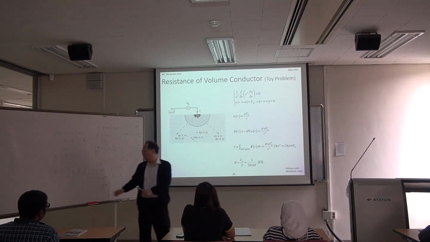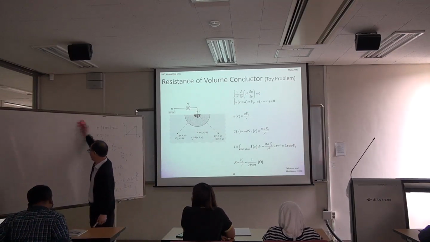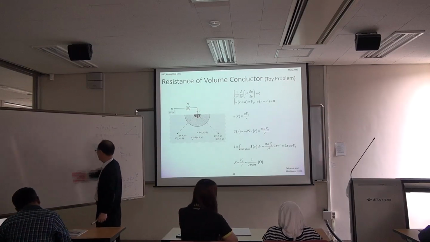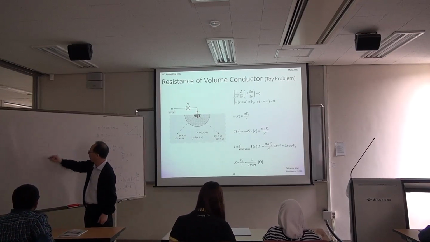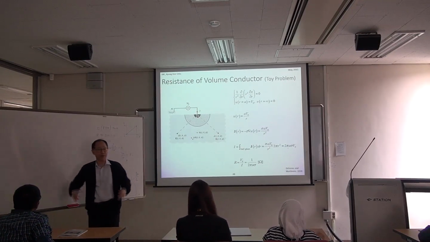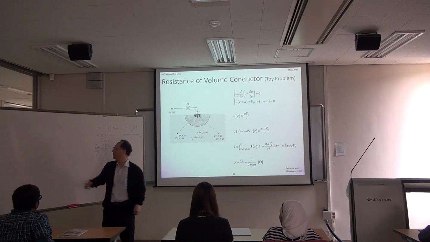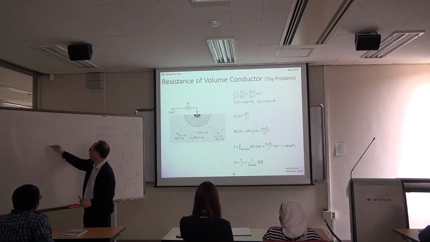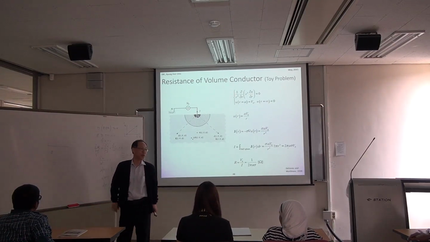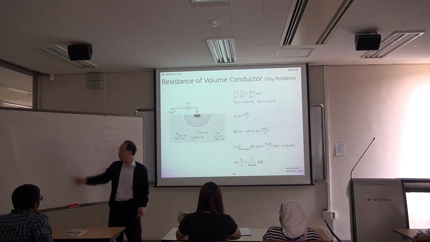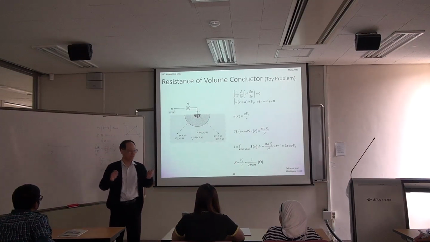This will give you one idea about how to make a conductivity meter. So you prepare a cylindrical container again, and you fill this container with a solution of unknown conductivity.